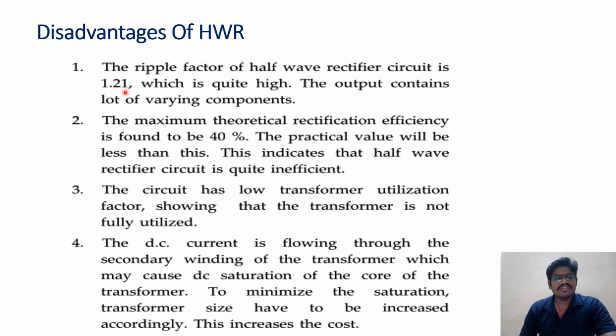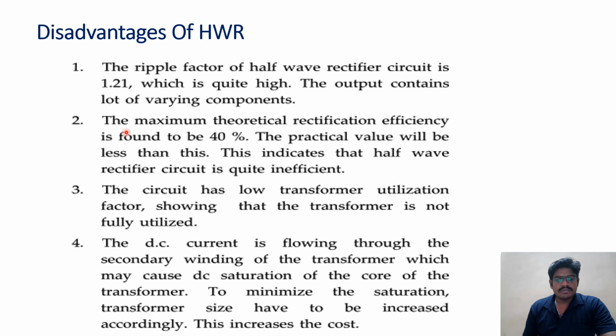But the output of the rectifier is DC, though not pure DC; it is a pulsating DC. So some amount of AC component is still found in the DC output. Ripple is the ratio of the AC component to the DC output, which is oscillating. That's why it's too high: 121 percent ripple is found in the DC output of the rectifier.